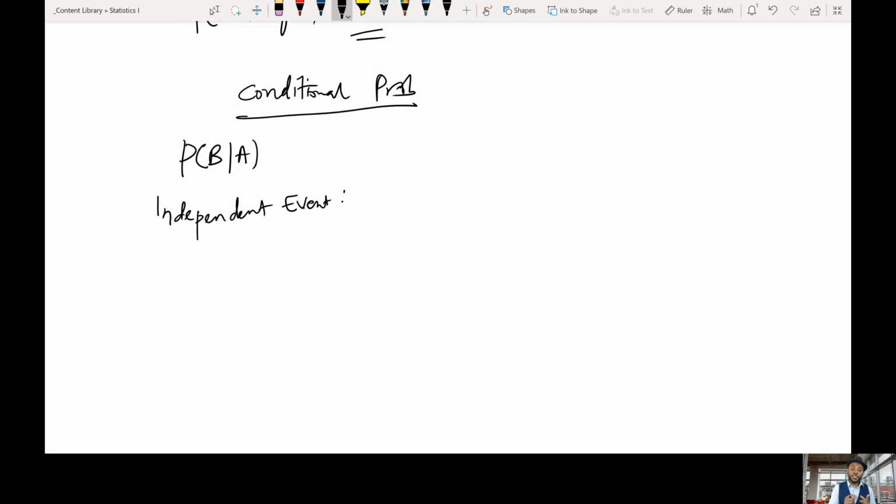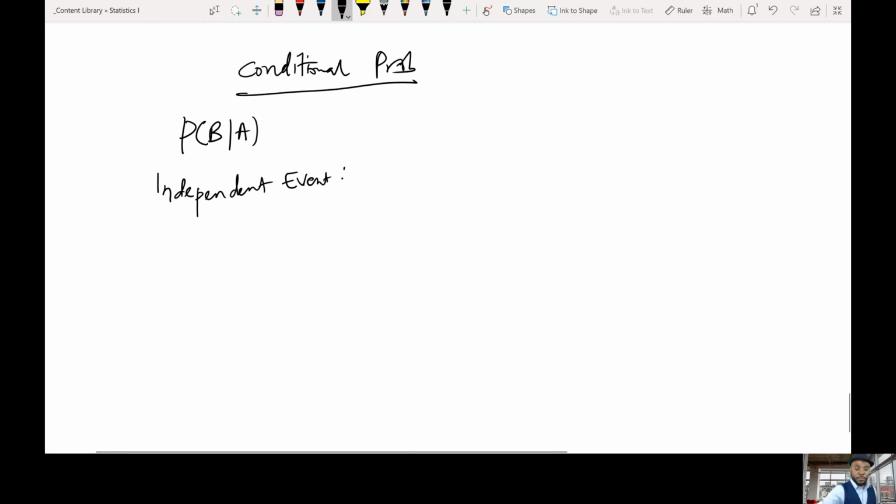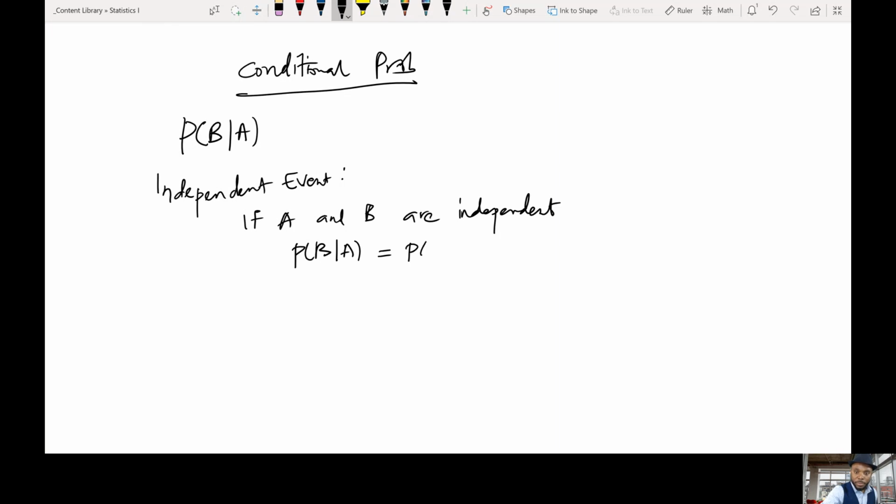So the fact that A occurred does not affect B. So what that means is that if A and B are independent, the probability of B given A is simply equal to the probability of B. So B is not influenced by the fact that A had already occurred.